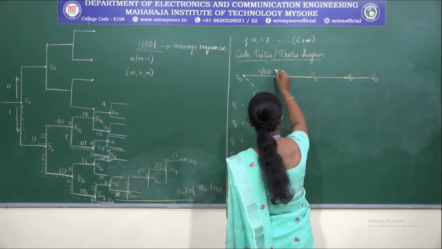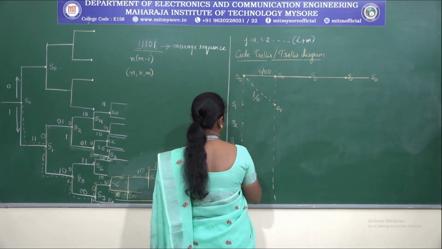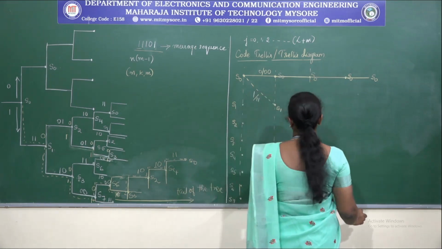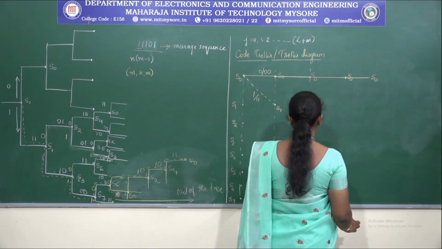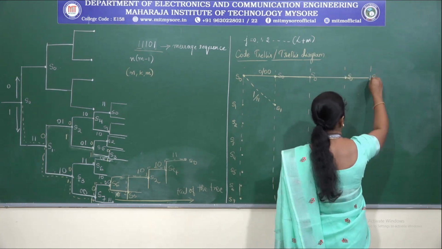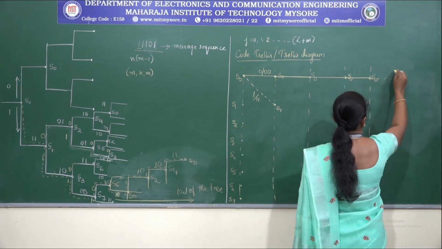So this is your branch 1, that is for j is equal to 0, this is for j is equal to 1, this is for j is equal to 3, this is for j is equal to 4, this is for j is equal to 5. Okay.